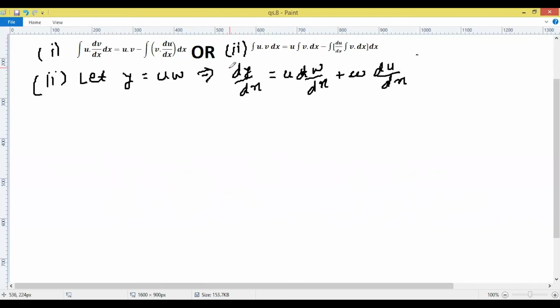Okay, and we'll do the same process of integration from here. If you integrate both sides, everything should be integrated with respect to x, as we did just now.